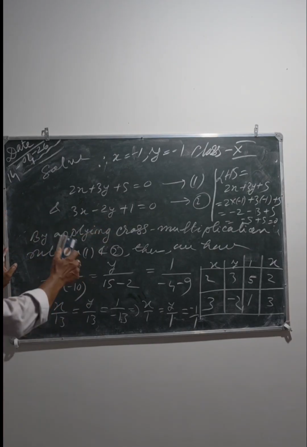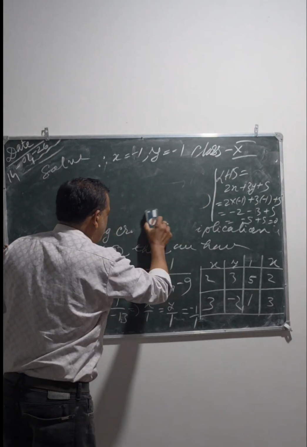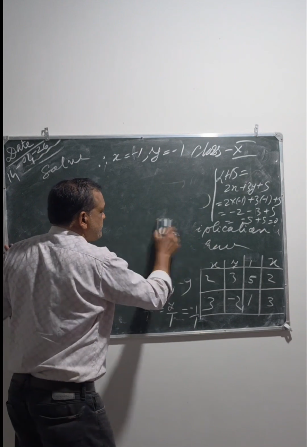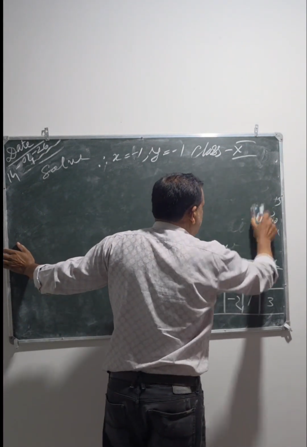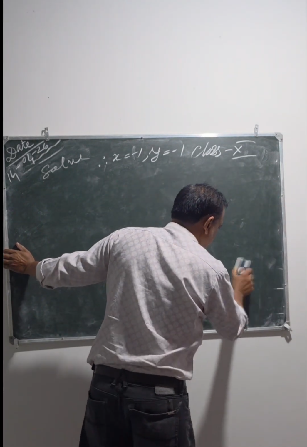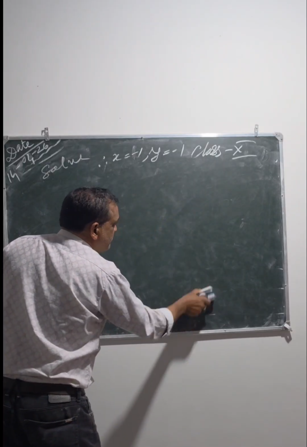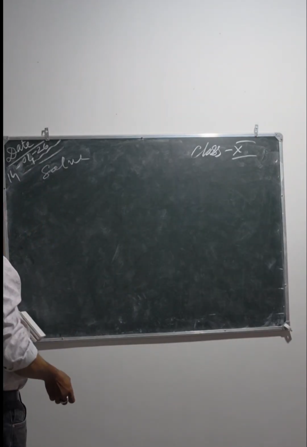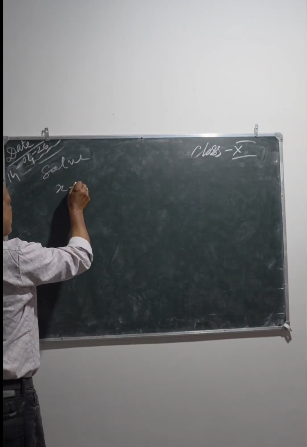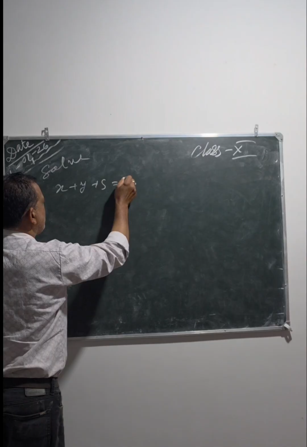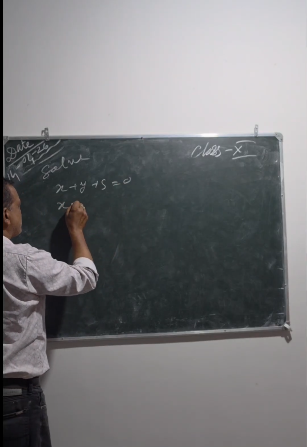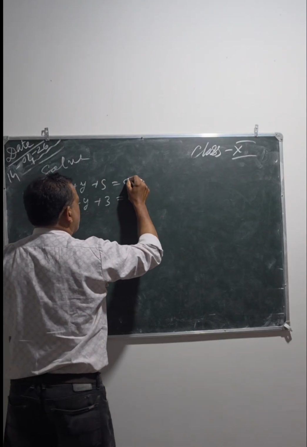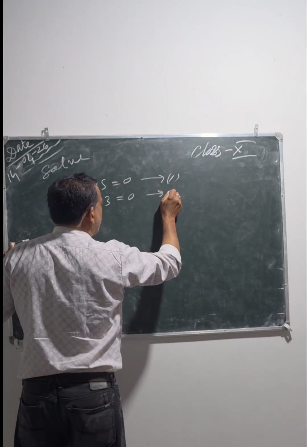So let us take one more example of the same type of equations by applying the cross multiplication rule. Solve the following equations: x plus y plus 5 equals 0 and x minus y plus 3 equals 0. This one is relation number 1 and this is relation number 2.